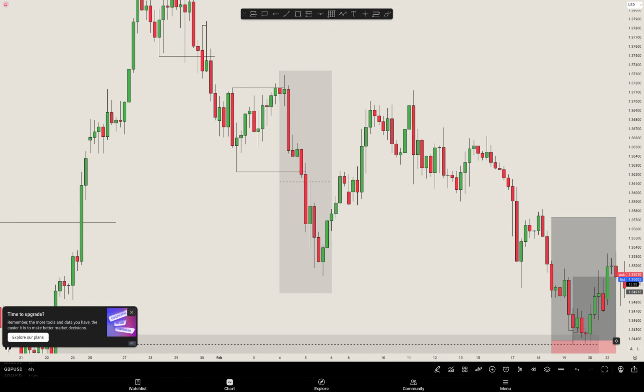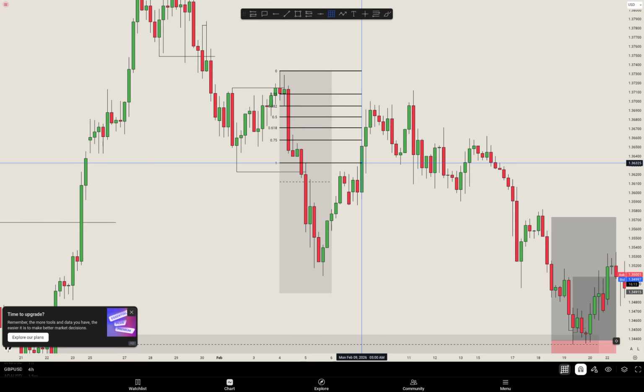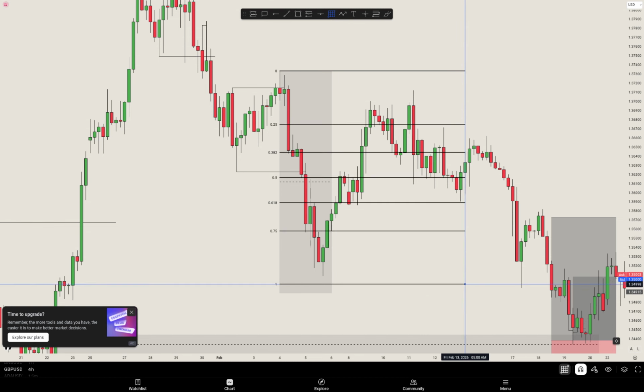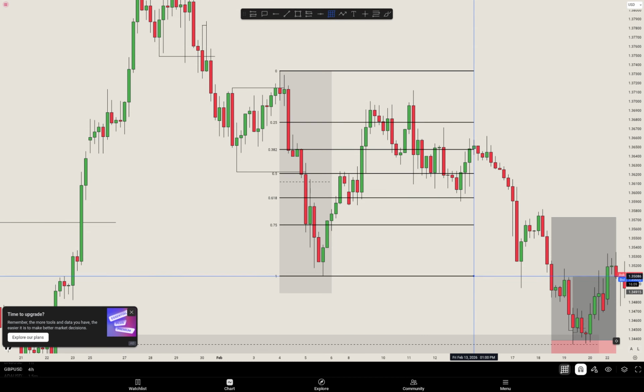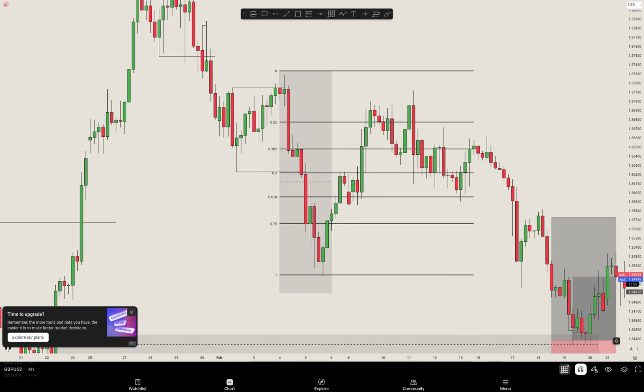Now we want to identify where we want to sell from. I said we now use our Gantt box or our fib retracement to determine the premium and discount level. Now we do this, mark it out like this.